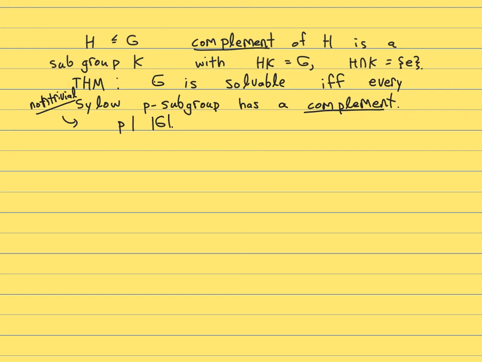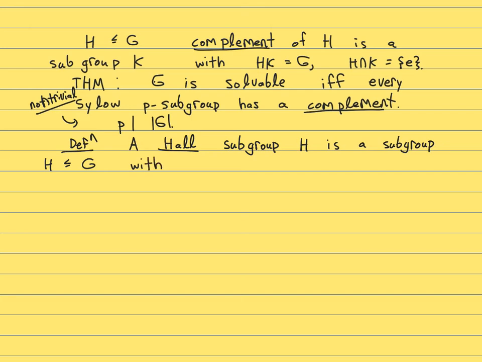This theorem is so famous that they actually have terminology as a result. A Hall subgroup is a subgroup with the GCD of its order and its index being exactly 1.